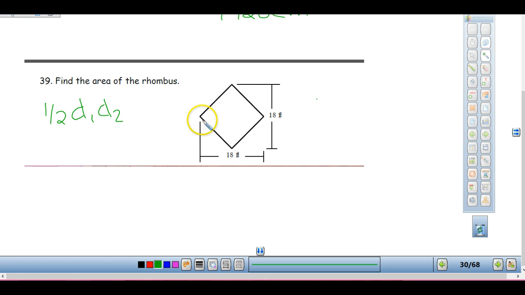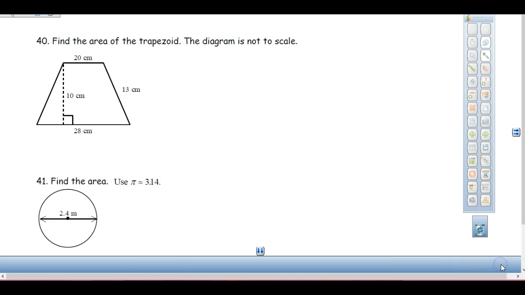Okay, area of a rhombus, 1/2 times diagonal 1 times diagonal 2. So it's giving you the diagonals are both 18. So 1/2 times 18 times 18. Punch that baby into your calculator and you end up with 162 feet squared. Okay, number 40, halfway done.